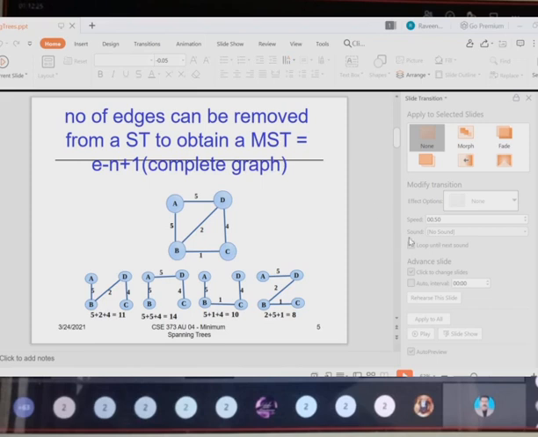Here another thing is that we should not repeat the same vertices, and at the same time we have to visit every vertex. That is a rule of Prim's algorithm, and also of a minimum spanning tree. As we already said, it has the same number of edges as the graph, but not the same edges.